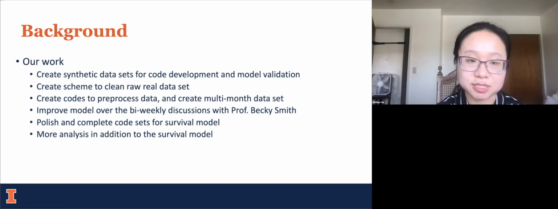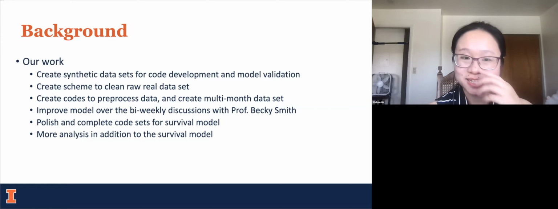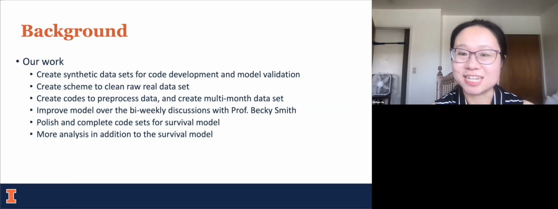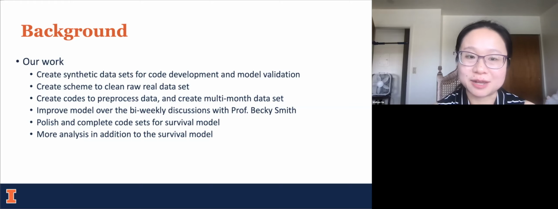Then we started to create the code to pre-process the data and also merge the multi-month data sets. For this code, we made it very easy, like a one-click module, so that in later months we do not have to spend a lot of time worrying about how to run the pre-processing code.